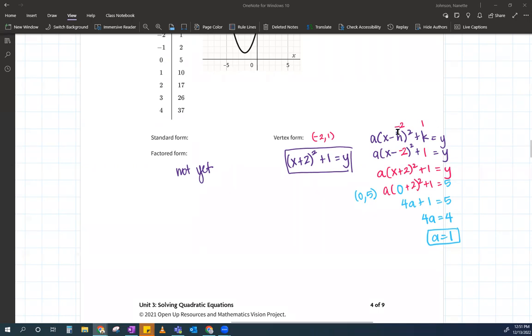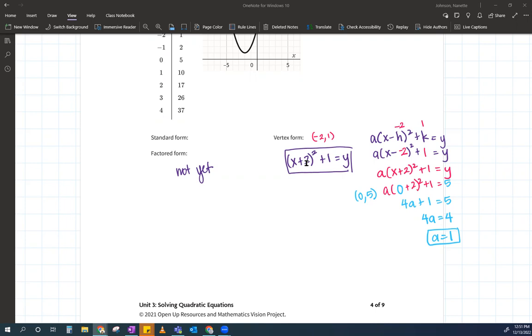If I said, do something to this, what would you do? Yeah, I would just multiply this out, right? So I would multiply this out first. Very good. So y equals (x plus 2) quantity squared plus 1.